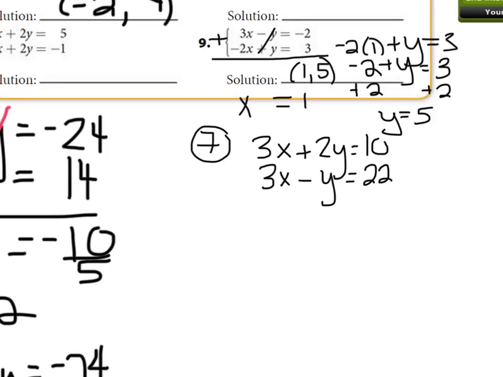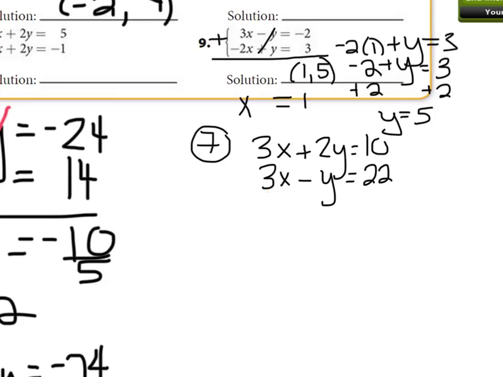But if I look at my two equations here, 3x plus 3x would be 6x, and 2y plus negative y would be 1y. So none of them eliminate. Well, can you think of something, a pair that would be close to eliminating?